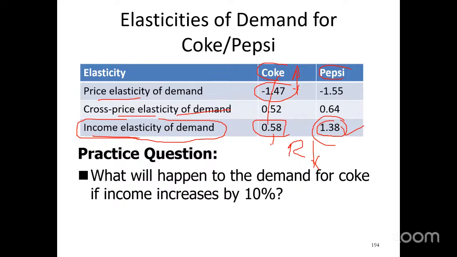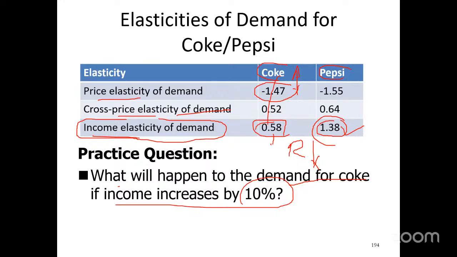I don't think that in the Sri Lankan context our policymakers keep these in mind when making policies. But that is a thing. Now, in this example question: what will happen to the demand for Coke if income increases by 10%?